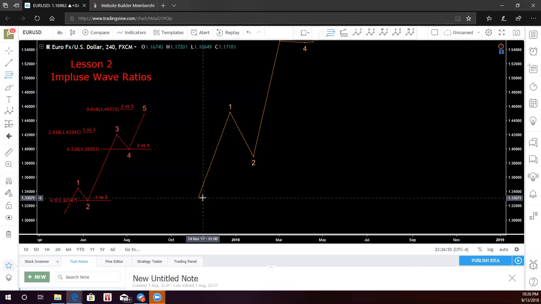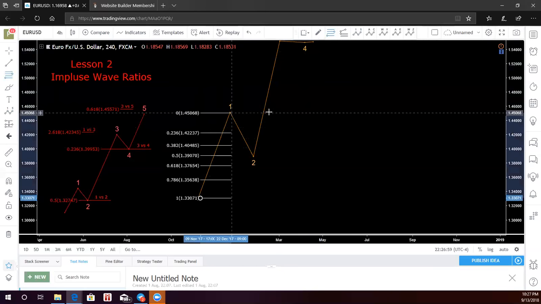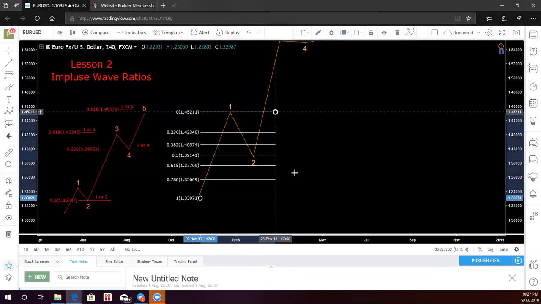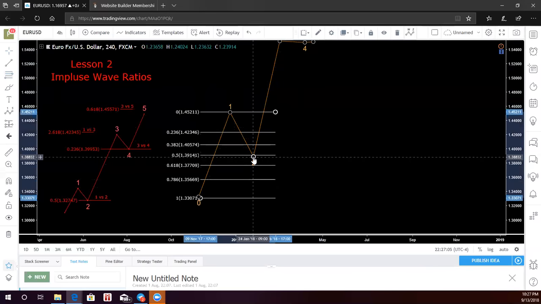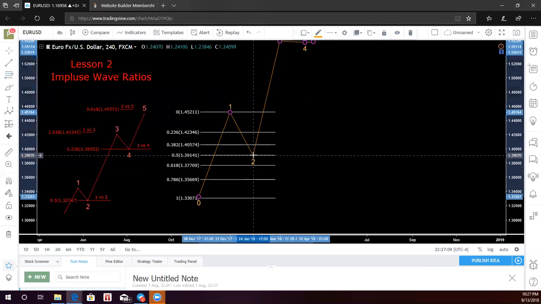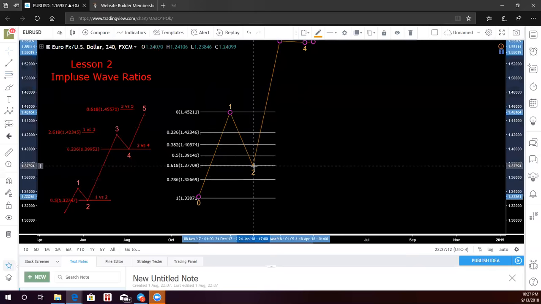So again, all you're going to do is start from the beginning of wave 1 to the end of wave 1 and just stretch it over. The two most common ratios we are going to be looking for on wave 2 are going to be the 50% or the 0.5 and the 61.8 or the 0.618.